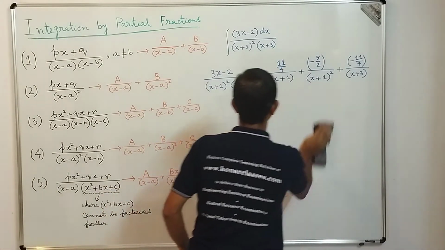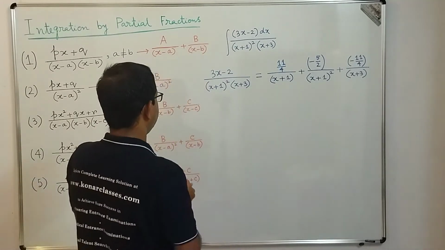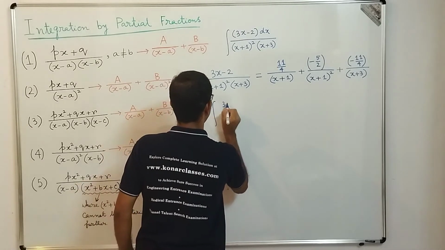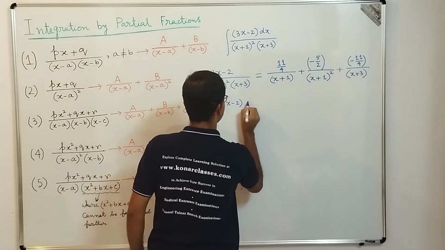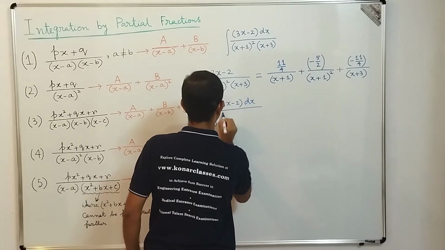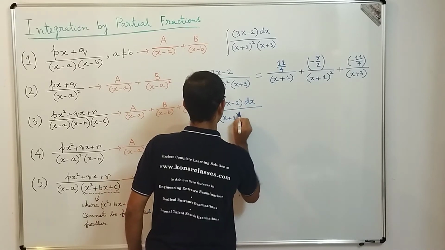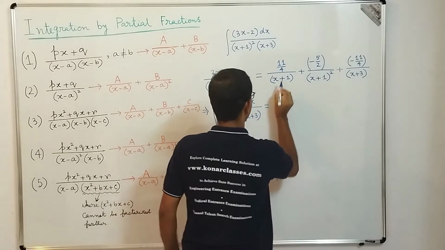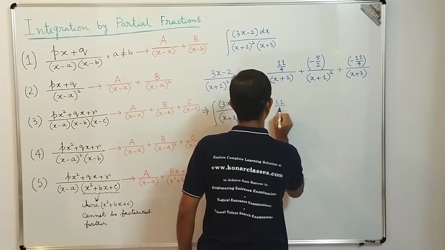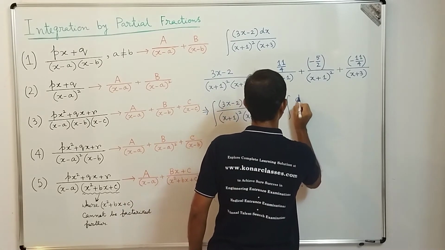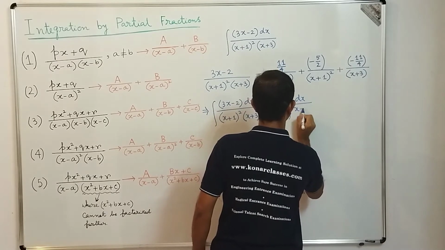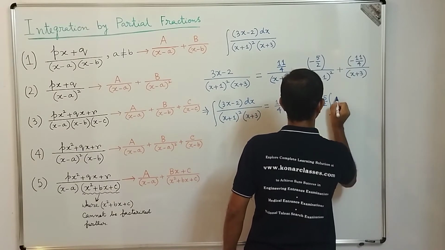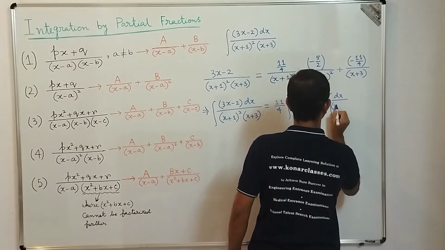So this implies integration of (3x minus 2) dx divided by (x plus 1) whole square into (x plus 3) is equal to 11 by 4, which is a constant, so we take it outside of this integration, then it will be dx by (x plus 1), minus 5 by 2 into integration dx by (x plus 1) whole square.